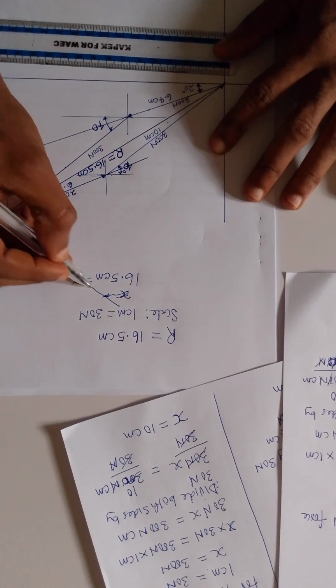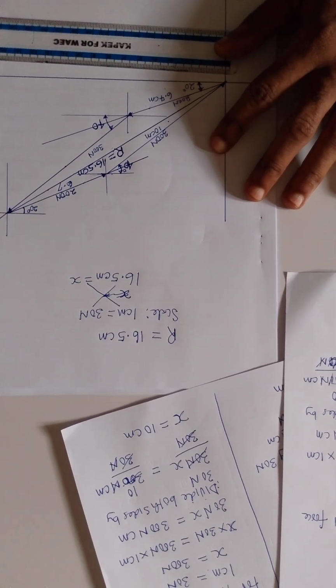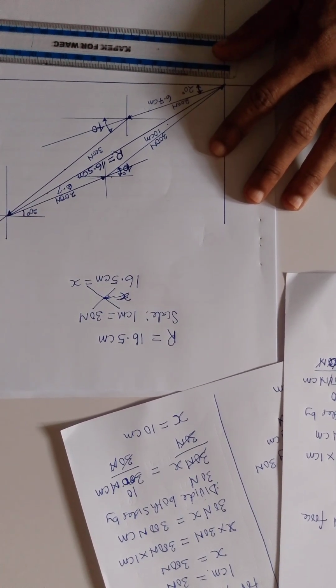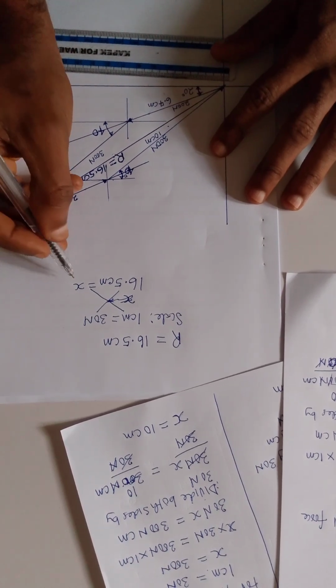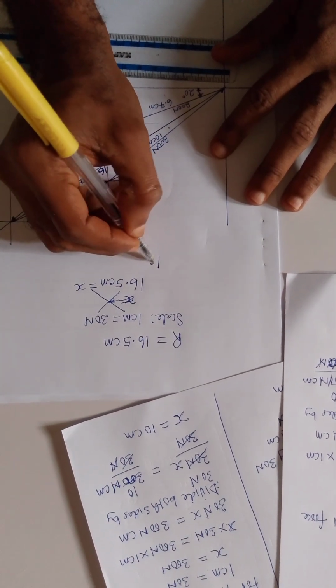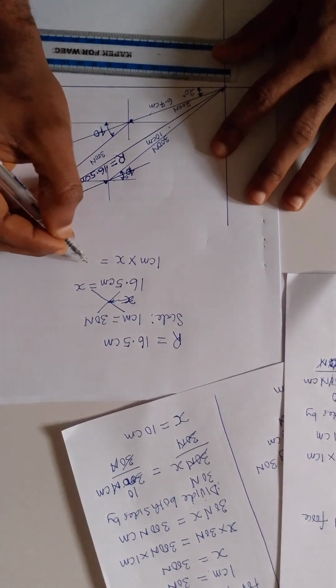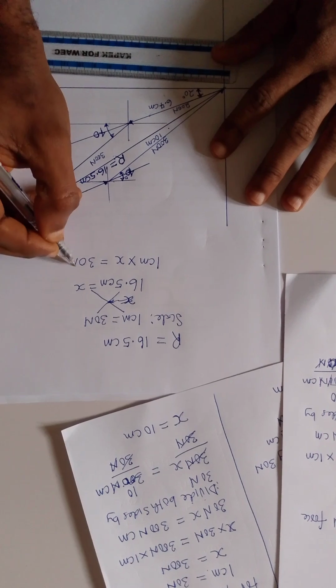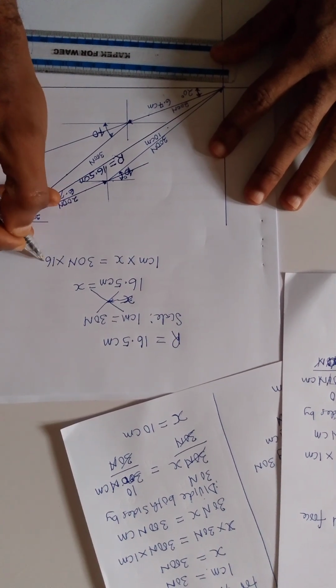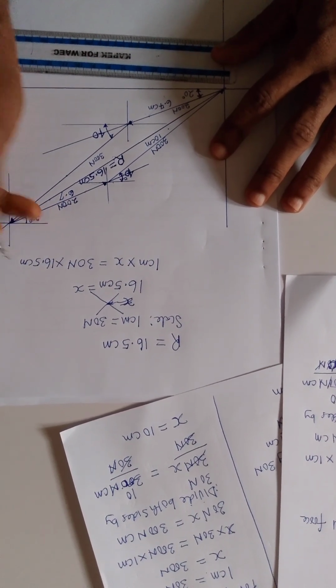So if we cross multiply it that way, we are going to have 1 cm times x will be equal to 30 Newton times 16.5 cm.